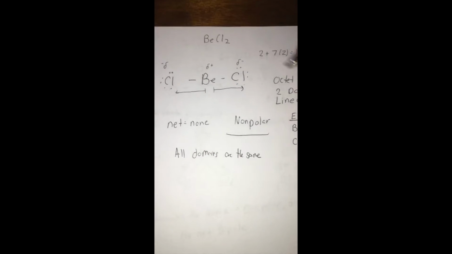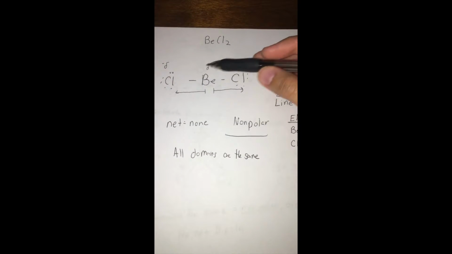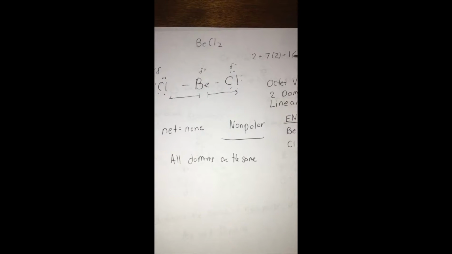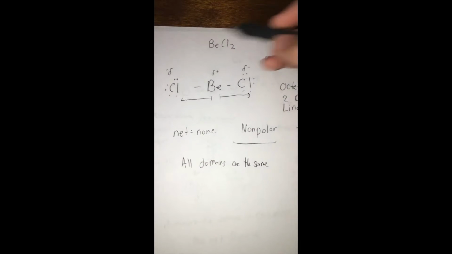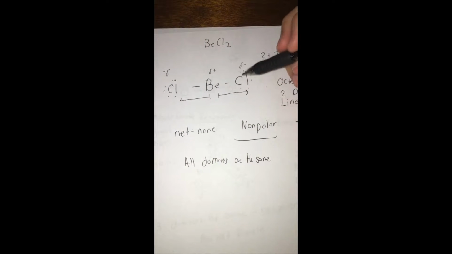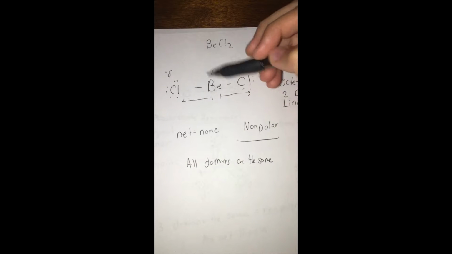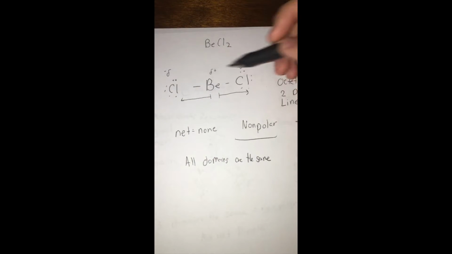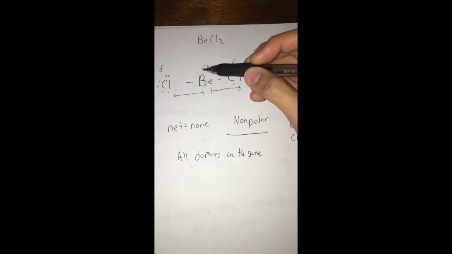Our next molecule is beryllium chloride, which is going to have a Lewis structure that looks like this. There are 16 valence electrons. So you're going to fill up the chlorines, the outside atoms, to make the octet as usual. But you notice that once you put the octet on both sides, you're going to have no valence electrons left to put on the center atom.